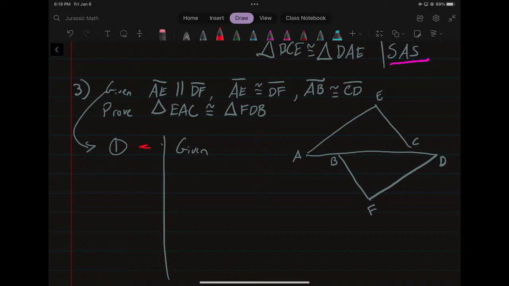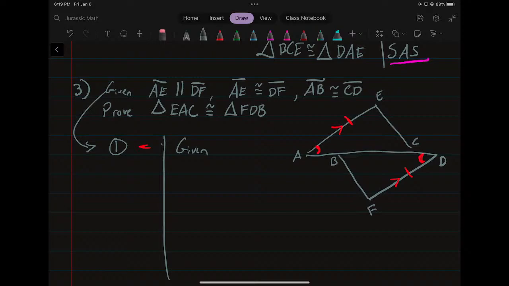And I go ahead and I'm going to label everything in red that they said. So we know that this and this are parallel. And we also know that they are actually congruent too, which is really nice. And then we also know that this angle and this angle are congruent.